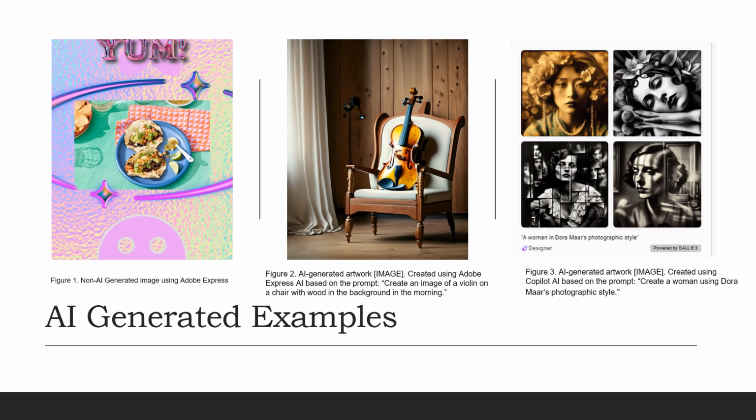I just encountered her today. So I just did a basic, very simple, create a woman using Dora Maar's photographic style. What prompted me further was the photographic style. I could have added further things, and it was interesting that it incorporated Art Deco.